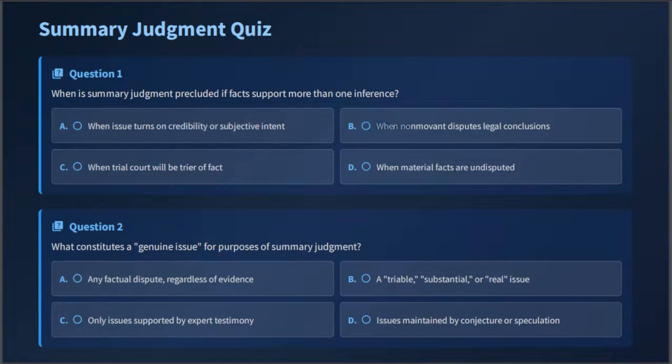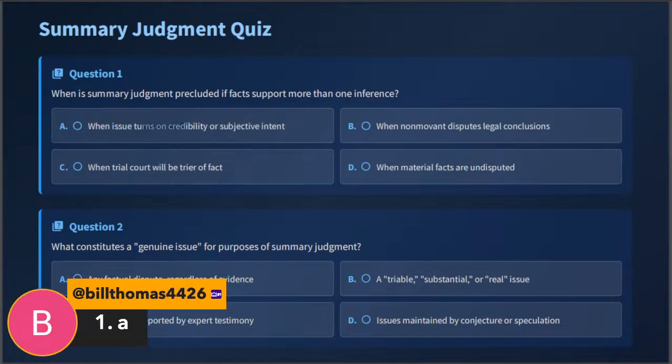B, when non-movant disputes legal conclusions. C, when trial court will be trier of fact. Or D, when material facts are undisputed. So when is summary judgment precluded if you have facts supporting more than one inference? So A, when the issue turns on credibility or subjective intent.